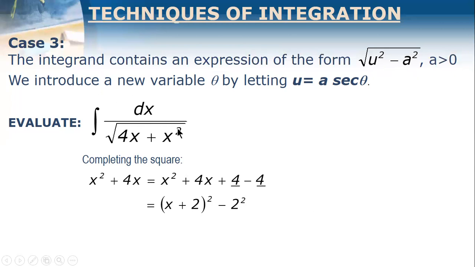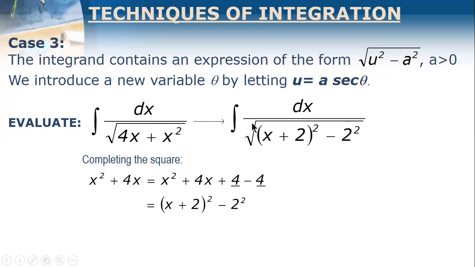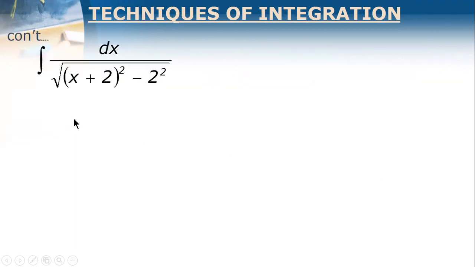So this original integral can be written as the square root of x plus 2 squared minus 2 squared. And so we can use the substitution u equal to a secant theta. So this is our u, x plus 2, our a, 2 secant theta.